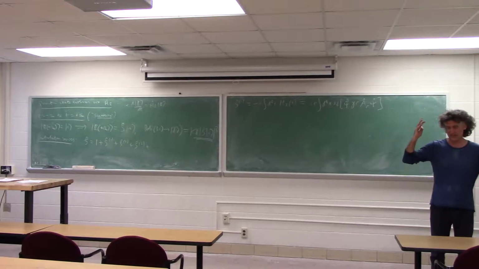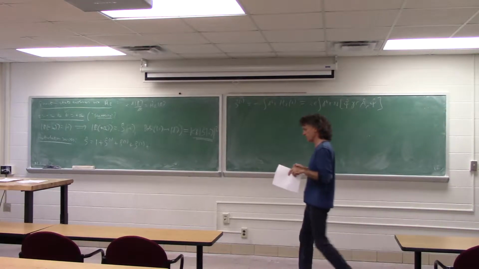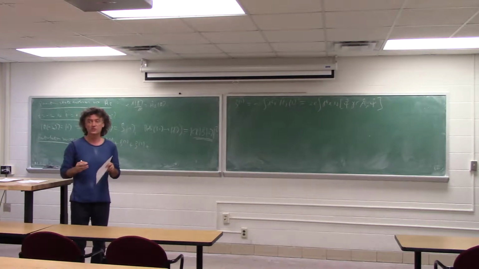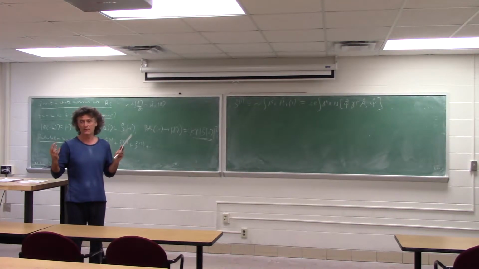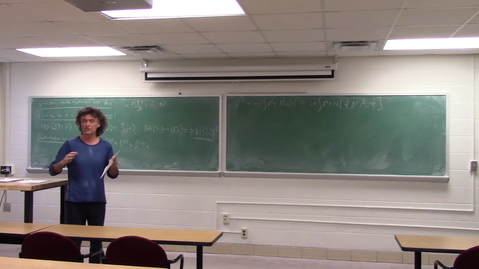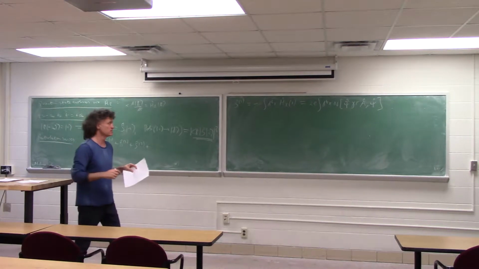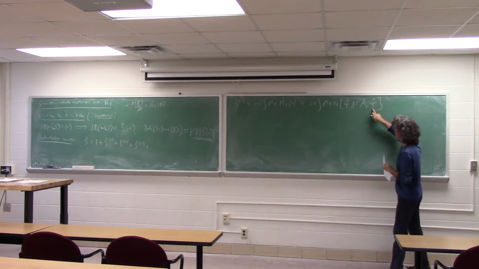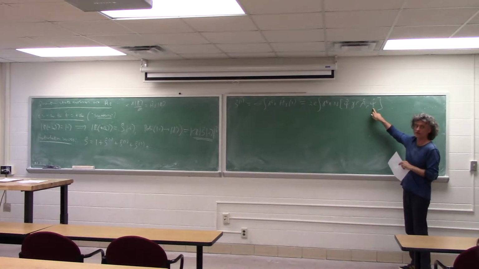Remember, I'm going to say this for one last time: in the interaction picture, because the field operators evolve just through the free part of the Hamiltonian, everything we've learned about the field operators stays exactly the same. The same expansion, same commutation relations, everything's the same. These are in effect the free field operators.